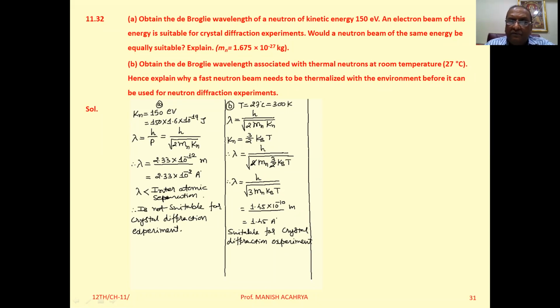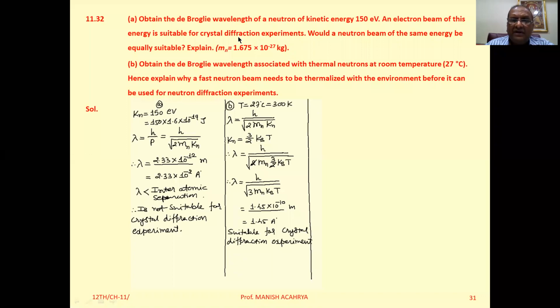So from this we can understand this thing. If the fast neutrons are there, then the wavelength will be less, right? So we have to thermalize those neutrons, and then after we can use it for the diffraction pattern.